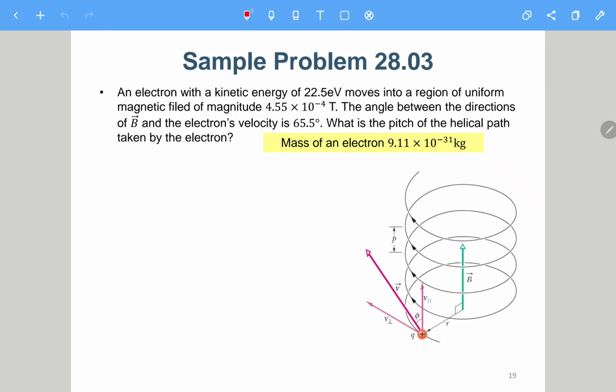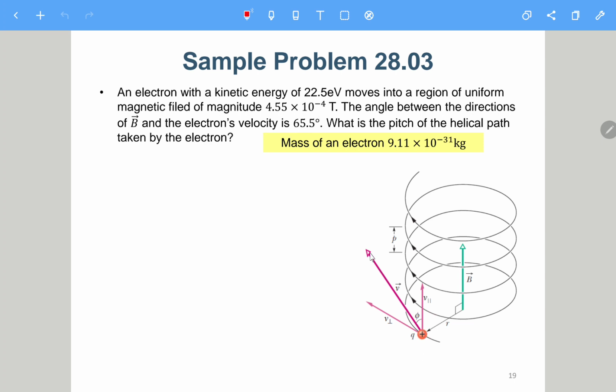So here we have another sample problem. It says an electron with a kinetic energy of 22.5 eV moves into a region of a uniform magnetic field of magnitude 4.55 times 10 to negative 4 Tesla. The angle between the directions of B and the electron velocity is 65.5 degrees.